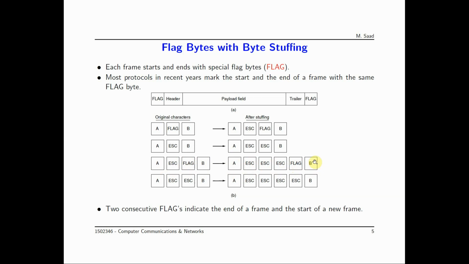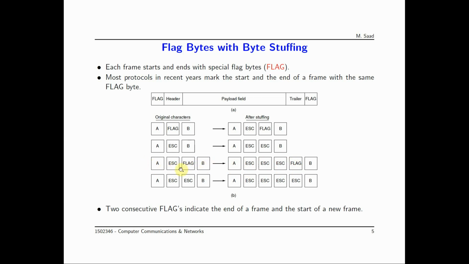The receiver knows how things work. So the receiver will go through the frame. It sees an A, okay, this is an A, and now escape followed by an escape, so the first escape is removed, and then it will see an escape followed by a flag, so the escape is removed. Once this is done, the receiver has recovered the actual frame, which is A escape flag B.